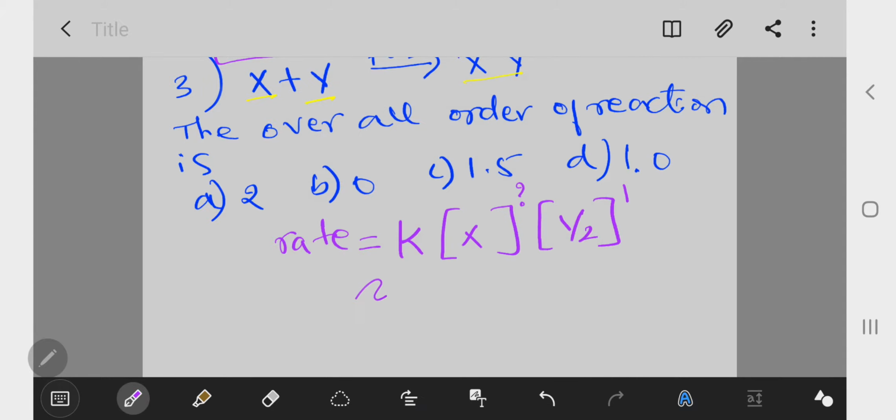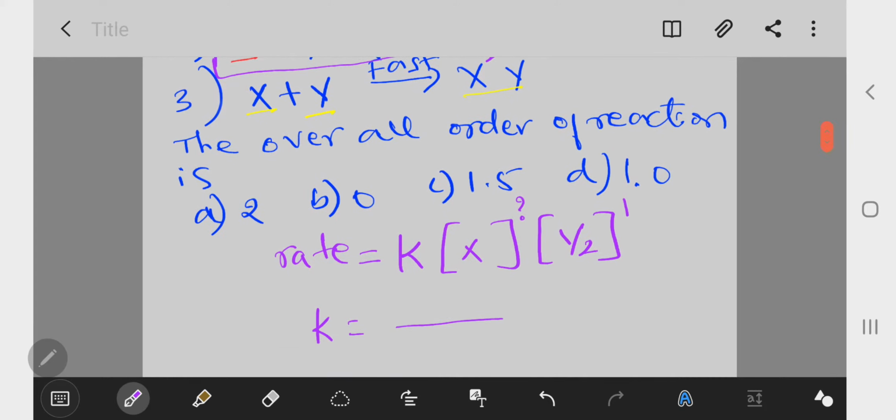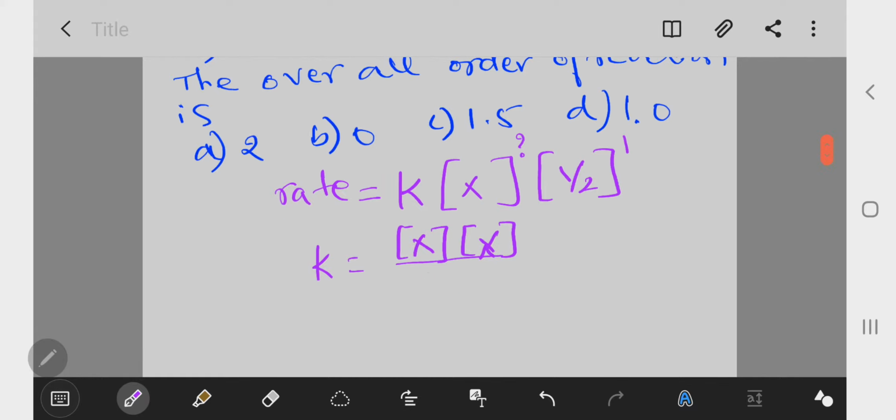It is the ratio of the product of molar concentrations of products, that is X and X, to the molar concentration of reactants. The reactant is our X2. What we are getting here is X squared divided by X2. This is the equilibrium constant.